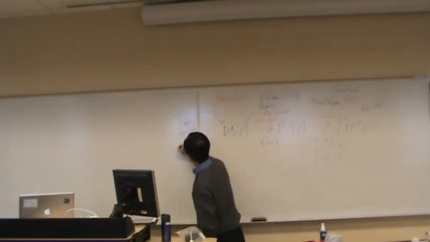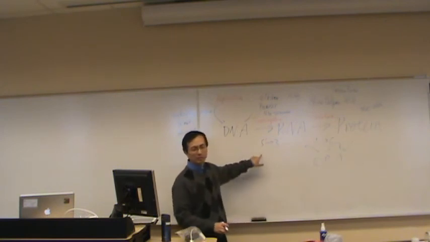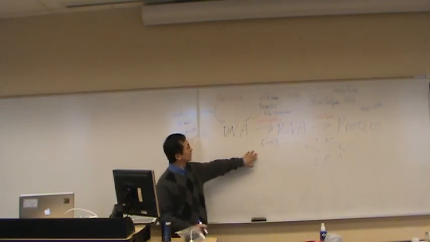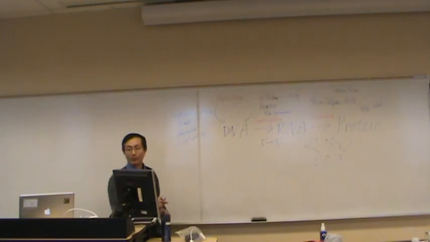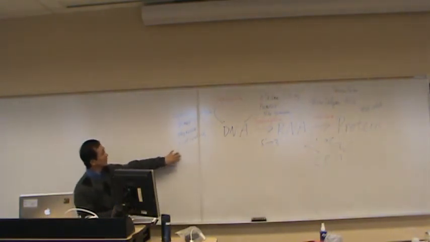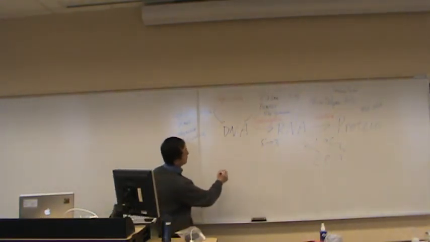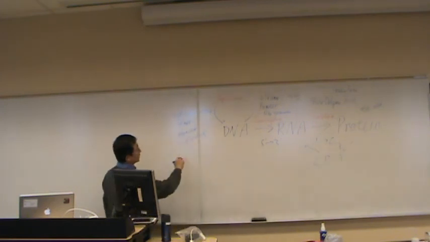I should put proofreading in the DNA replication part. I'm not sure whether transcription has proofreading. My recollection is that maybe we should double check it. Yeah, so proofreading here. But this one in eukaryotes will be different. It's going to have a post-transcription process.